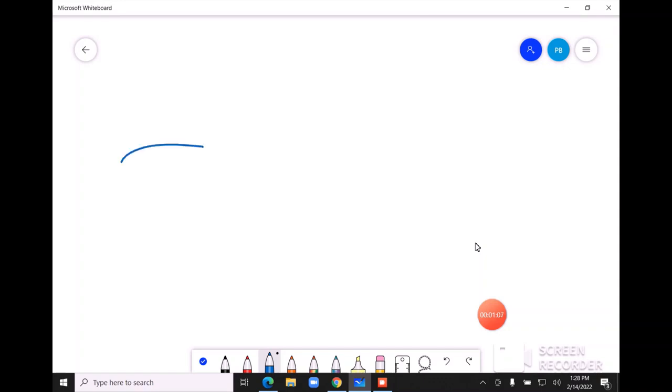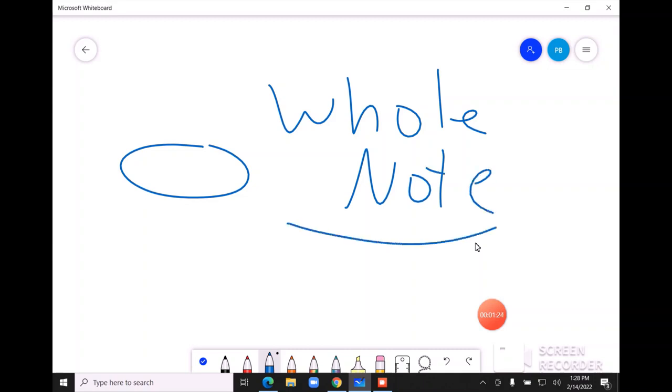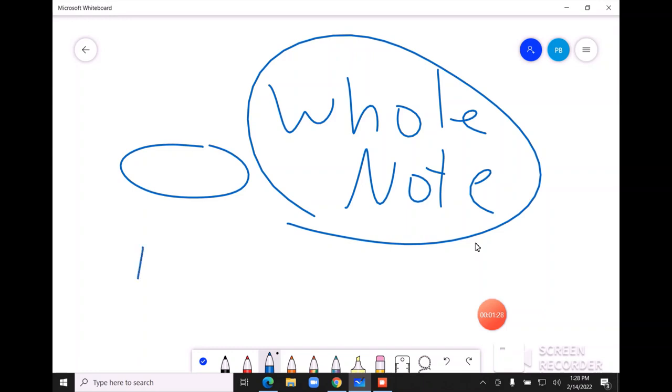Let's try another one. What type of note is this? This note is a whole note. And how many beats does a whole note get? 4 beats.